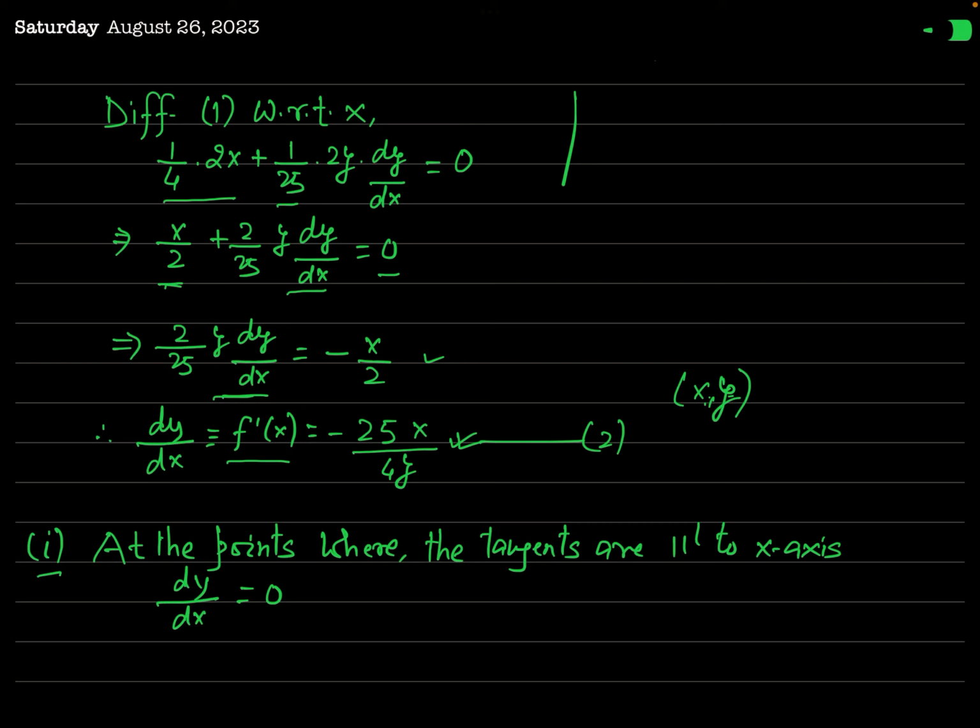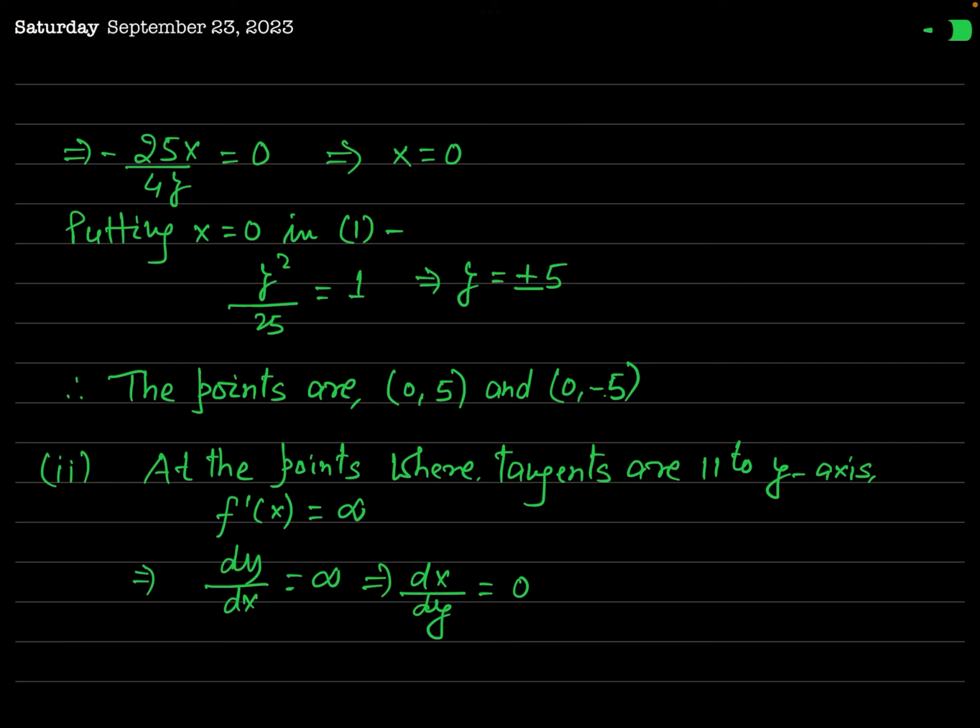But you know, when the tangent is parallel to the x-axis, then it makes an angle 0 with the x-axis, and so the slope of the curve at that point is 0. So in this condition you can say that dy by dx is equal to 0. But you have obtained that dy by dx is equal to this much, so we will equate this expression to 0.